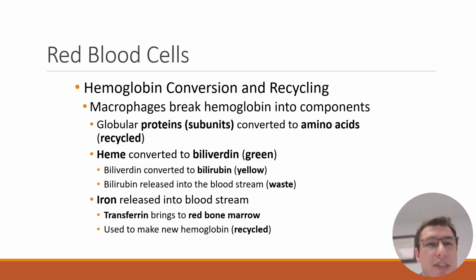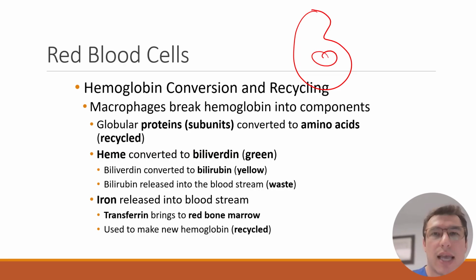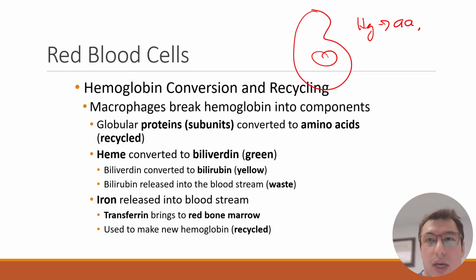So continuing on this discussion of the recycling of red blood cells, the macrophage is engulfing that red blood cell and is hemolyzing it, breaking it down. Now, because the red blood cells are mostly hemoglobin, the hemoglobin will be broken down, okay, because it's mostly protein, into amino acids, okay. Now remember the heme group that carries the iron and the oxygen.